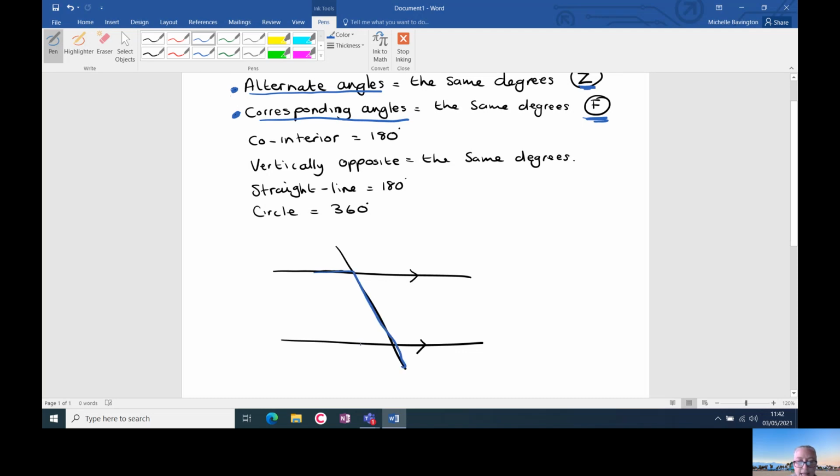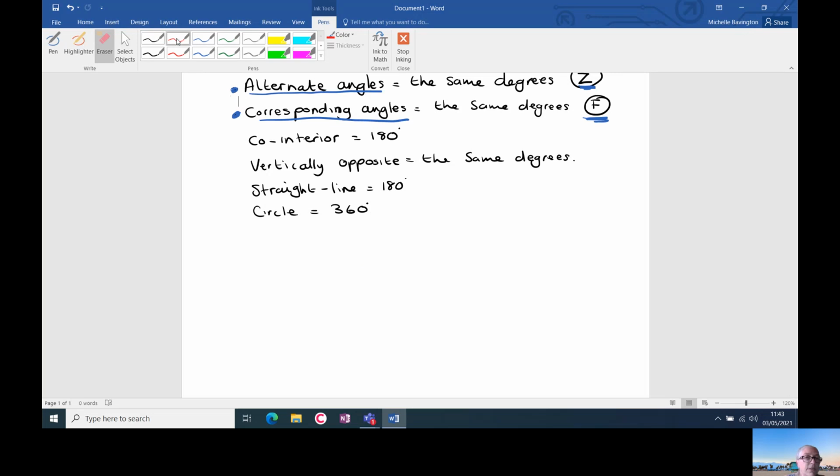Sorry, corresponding, my fault. Must be there. Alternate angles: if I had one from a Z, it must be there and there. Hope that helps a little bit.